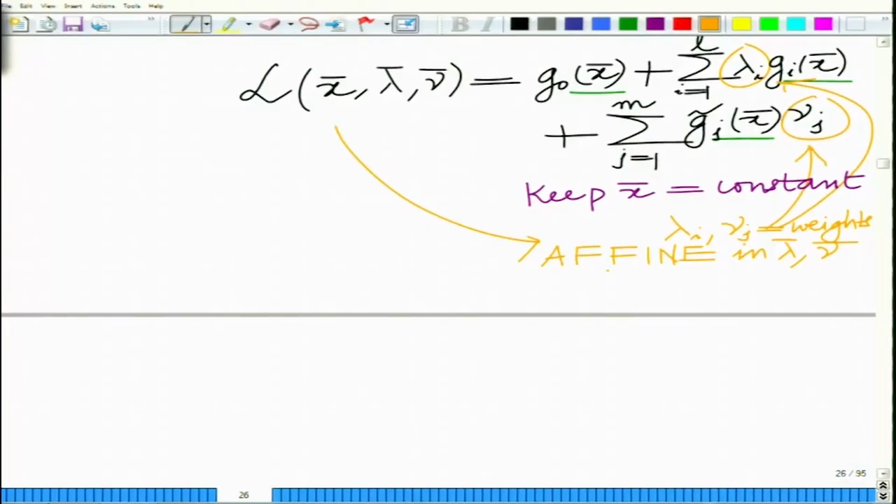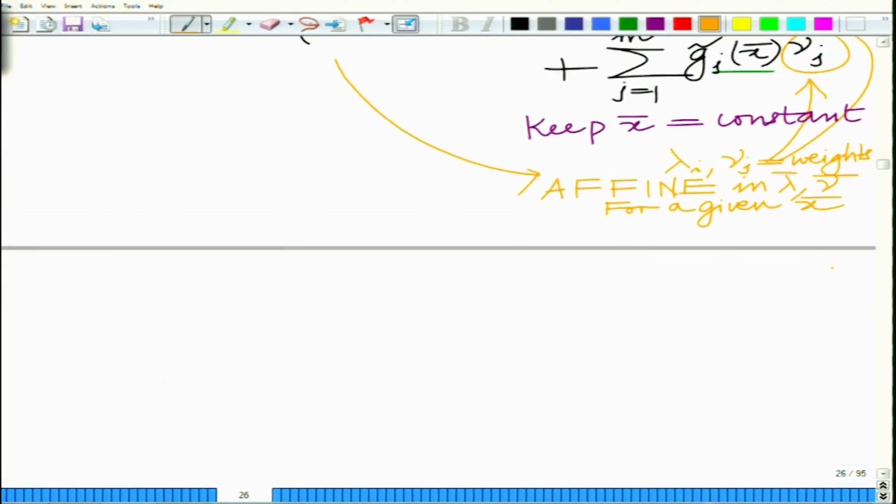So for a given x bar, this is affine in lambda bar, nu bar, which means it is concave.